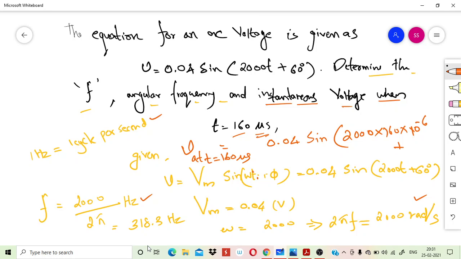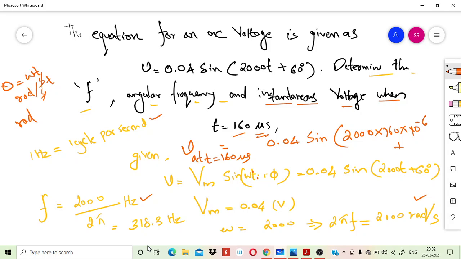Actually this omega t is theta. Theta equals omega t, we know that. Omega t is in radians per second and the unit of t is second, so seconds cancel. So this theta angle is always given in radians, not in degrees. But in this case the examiner has given 60 degree, and you cannot add degree with radian.